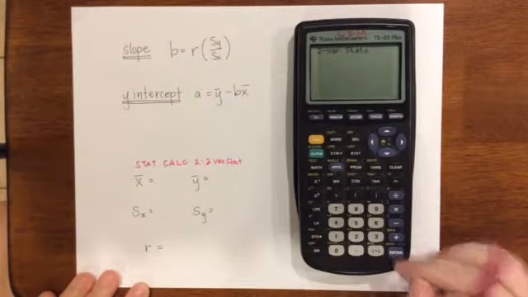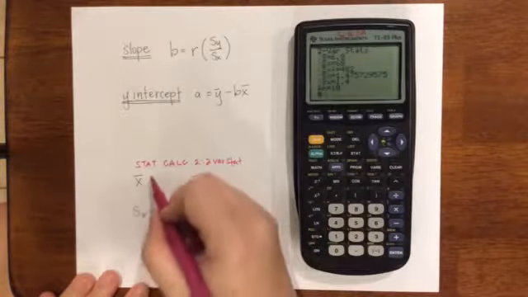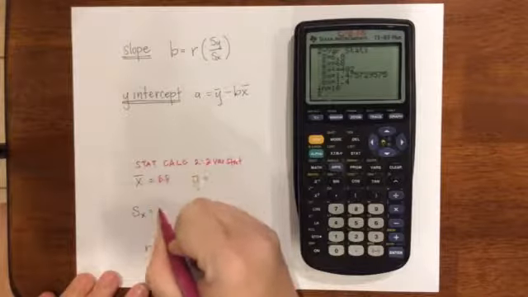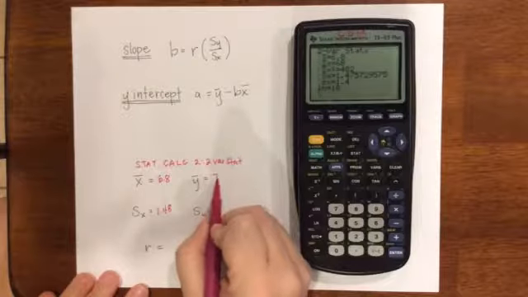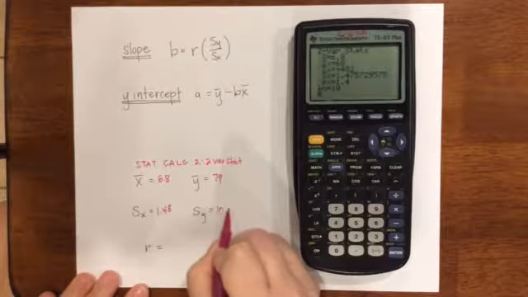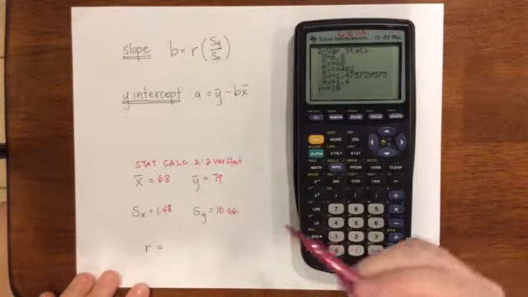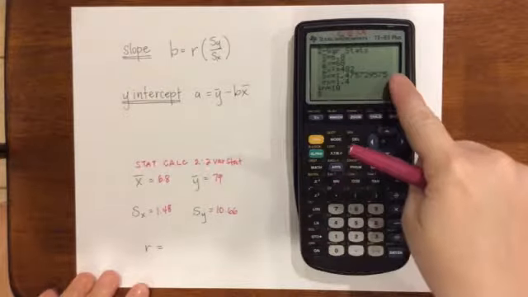Mine doesn't. You just push enter. And so we get 6.8, 1.48, 79, and 10.66.